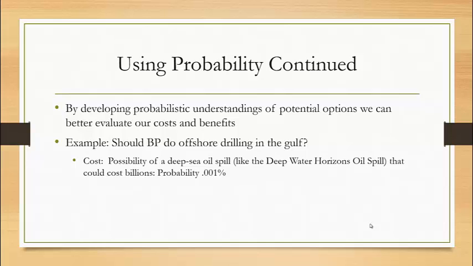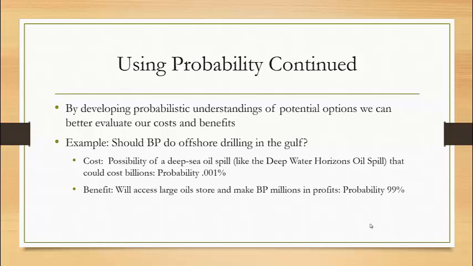So let's say that the cost is the possibility of a deep sea oil spill, like the Deepwater Horizon's oil spill, that would cost the company billions of dollars, untold numbers of billions of dollars. But the probability of that happening is 1/1000th of 1%. So a very, very, very low probability.